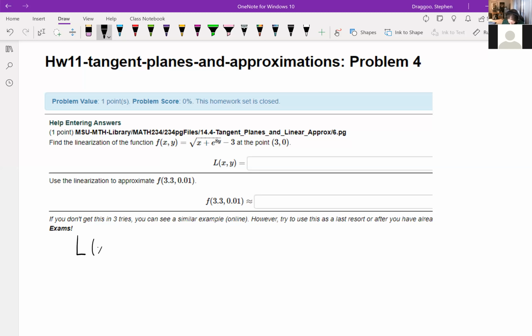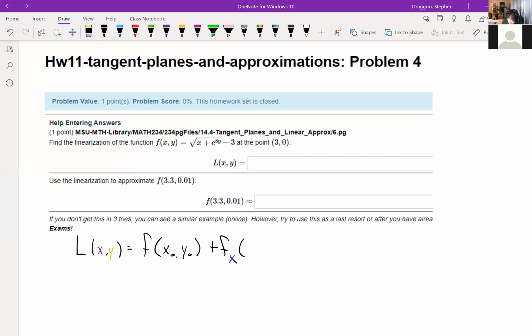So L of x y is equal to, so maybe throw some color in here because it's going to get a little bit complicated without it. L of x y is equal to f of x naught, y naught, plus f partial x at the point x naught, y naught.